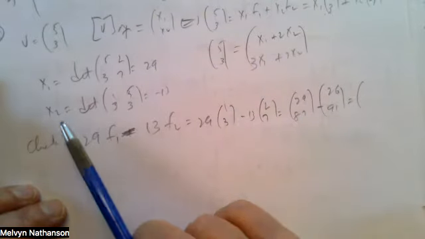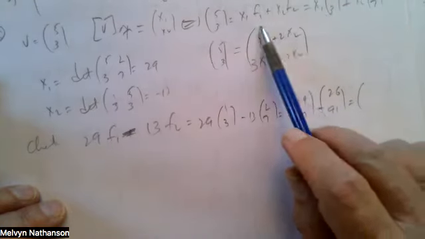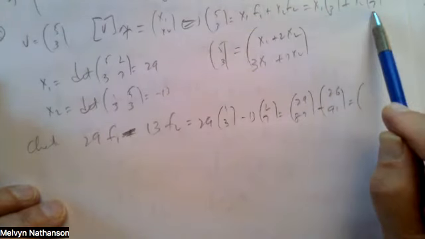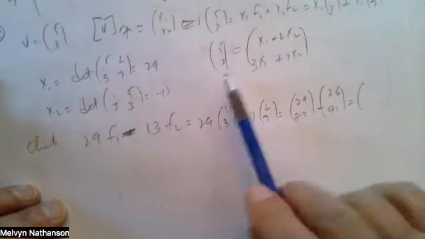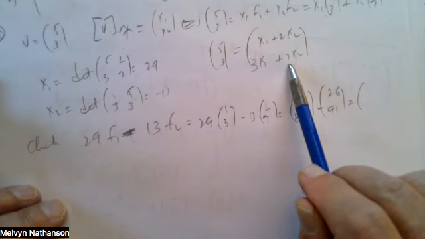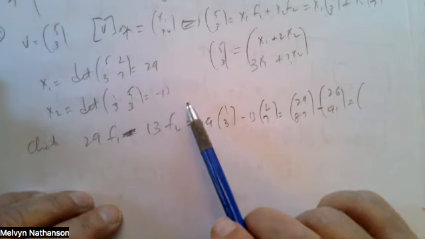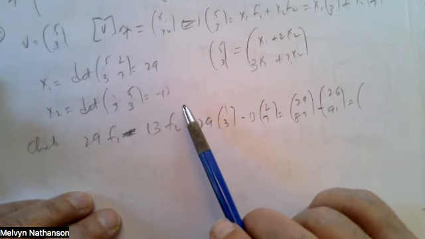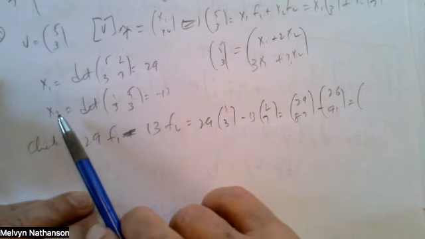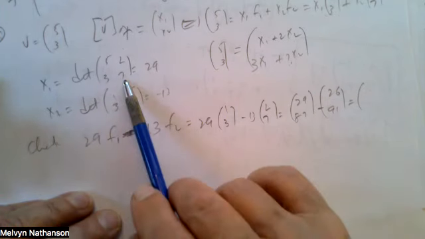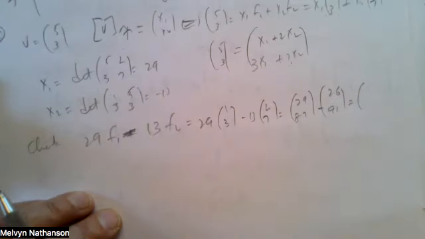So let me just double check. I want to write 5, 3 as a linear combination of 1, 3 and 2, 7. So 5 is going to be x1 plus 2x2, and 3 is 3x1 plus 7x2. So I'm solving two equations and two unknowns, and x1 should be the determinant of 5, 3, 2, 7. That's 35 minus 6 is 29.